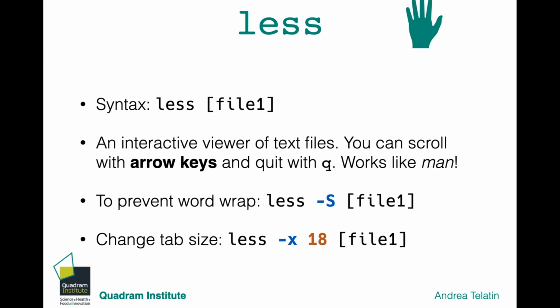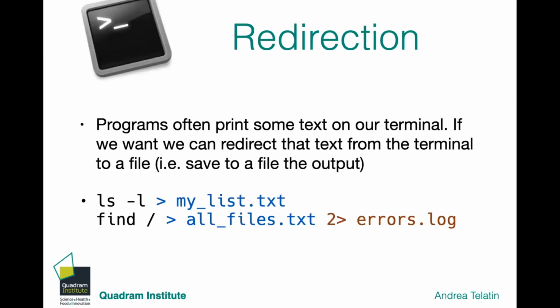Just to make a quick mention of concepts a bit more advanced, but still important. We can redirect the output of a command into a file. For example, ls is the command that we saw at the beginning that lists the files of the directory, but the output is shown to me in my terminal, and when I close the terminal, I lose the output.